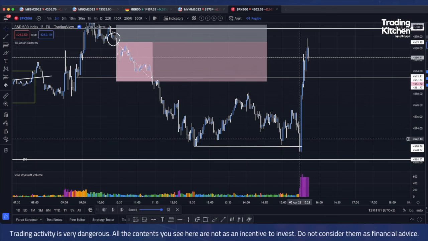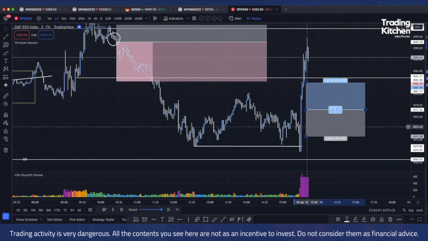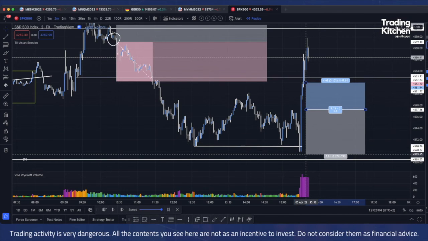Okay, so I don't feel comfortable enough, because the only possibility to take this short is to make a trade here on the breakout of the structure.